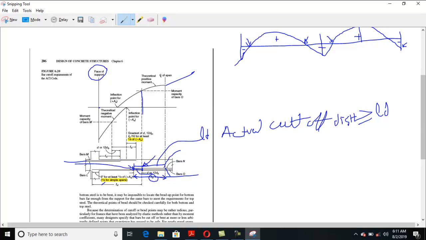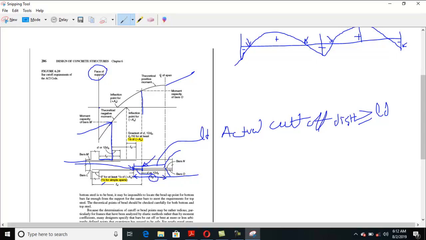Okay, and then basically you can see this is the theoretical cutoff point for negative steel. If you drop down from this theoretical point to the beam, you get this point. Now theoretically you need to cut your negative steel at this point, and that will be your theoretical cutoff point.